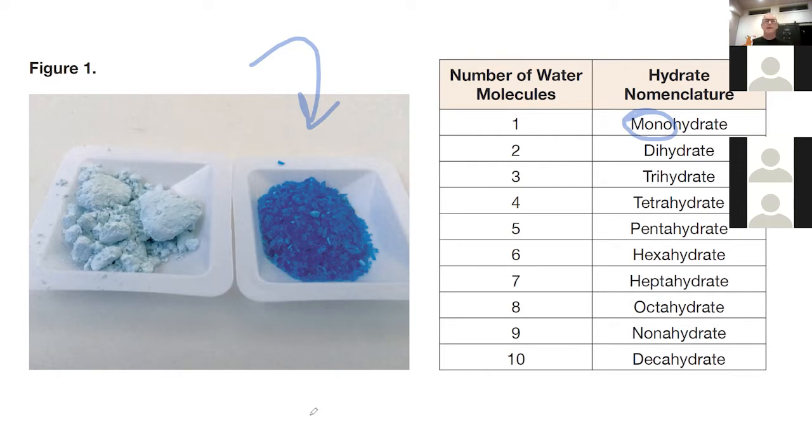So for the magnesium sulfate tonight, it's magnesium sulfate what? Which hydrate is it? You've got a 1 in 10 chance if you're guessing.